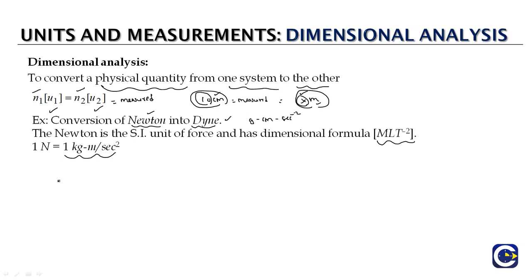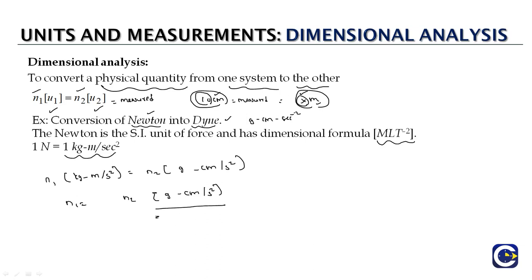Now let us say we have the value in the SI system, which is Newton, N1 into kg meter per second square, equal to N2 into gram centimeter per second square. So N1 will be equal to N2 into gram centimeter per second square divided by kg meter per second square. Second square will be cancelled.